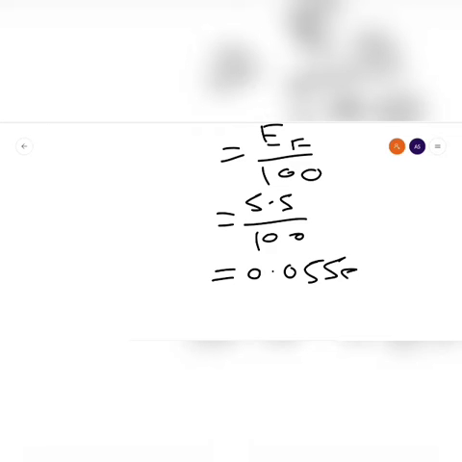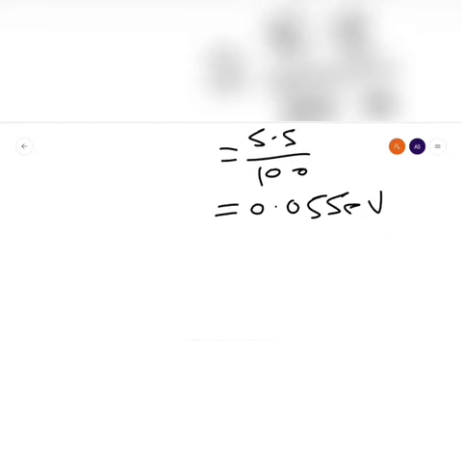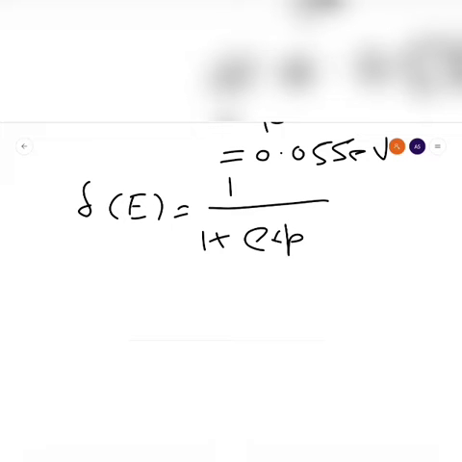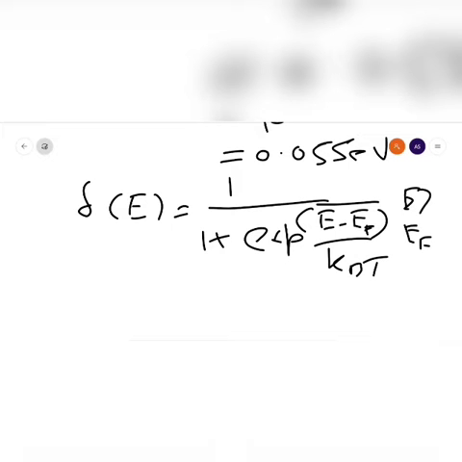You know the value of EF, 5.5 divided by 100, you will get 0.055 electron volt. Now you know the occupation number F(E) above the Fermi energy is 1 upon 1 plus the exponential term (E minus EF) divided by kBT when E is greater than EF.